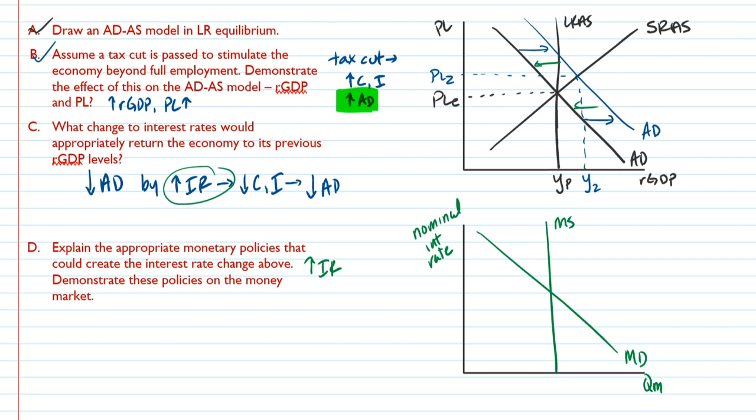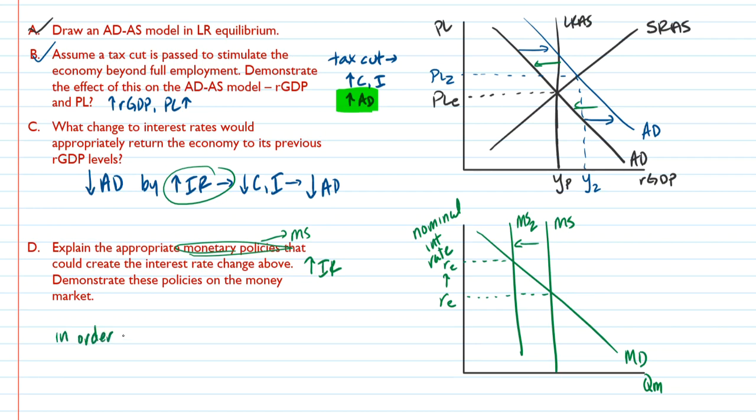So if we want to increase interest rates, and we're talking about monetary policy, which relates to the money supply, then to move this rate from RE up, we need to move this money supply to the left, which will push our rate up to R2. So we need to decrease our money supply.